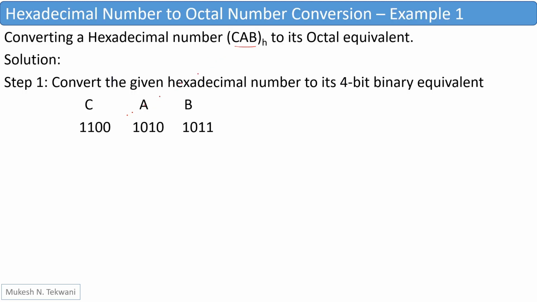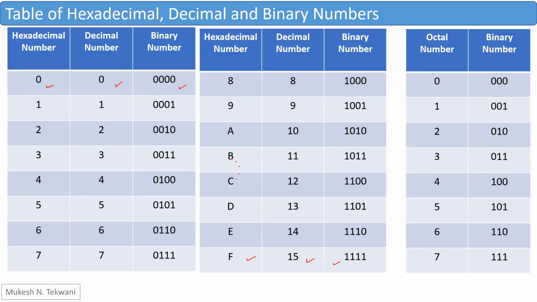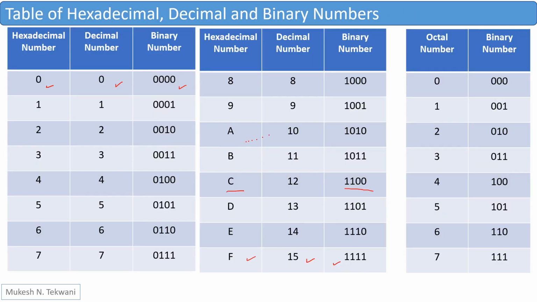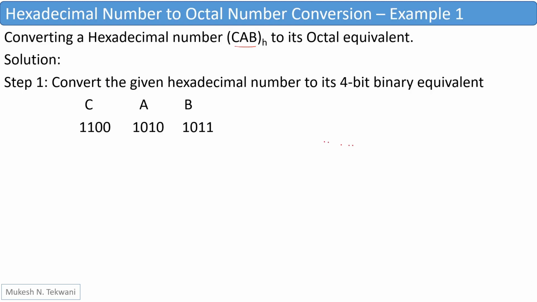So CAB can be written as follows. C can be replaced with its equivalent binary value 1100. We can refer to this table here. We have C as 1100. A can be represented as 1010, and B can be represented in 4-bit binary as 1011.